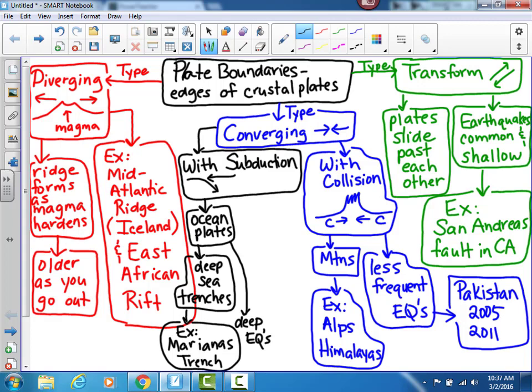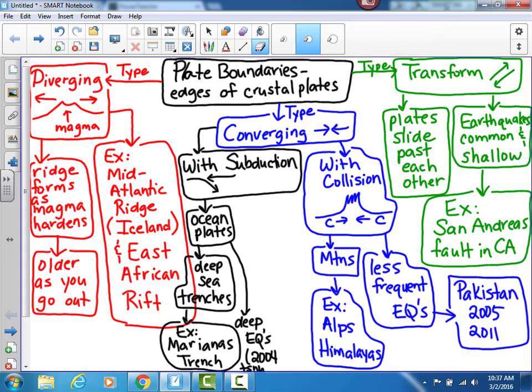Because they occur in the ocean with two ocean plates and very deep underneath the earth, they can cause tsunamis, giant waves. So, for example, the 2004 tsunami in Asia.